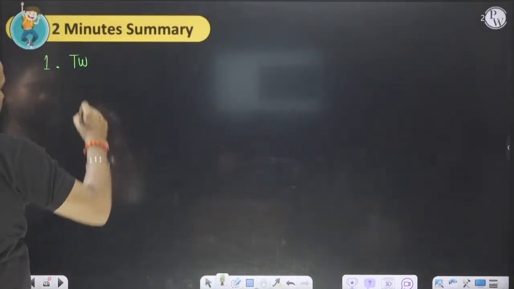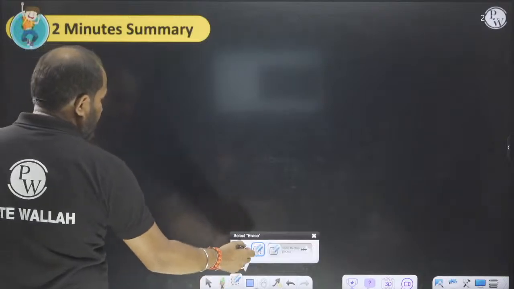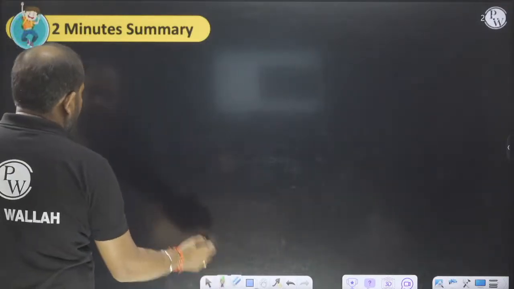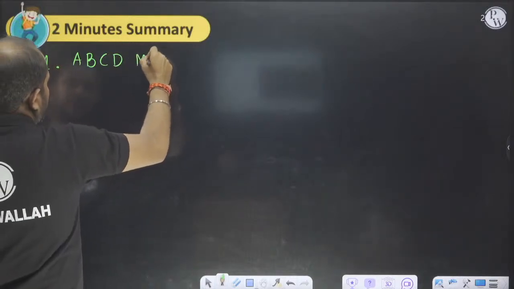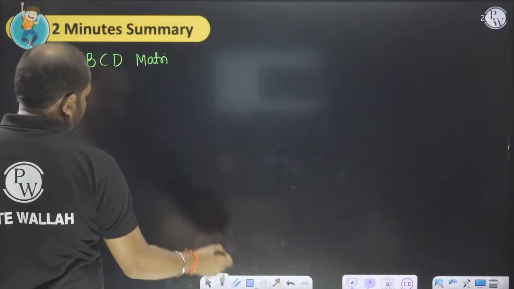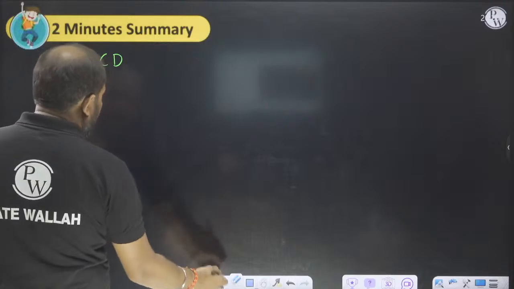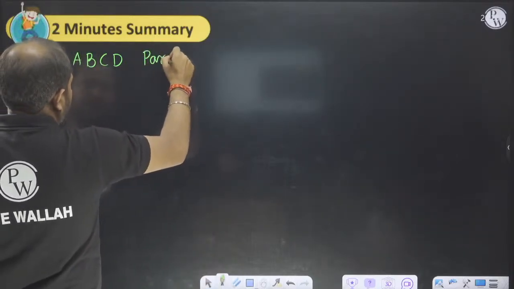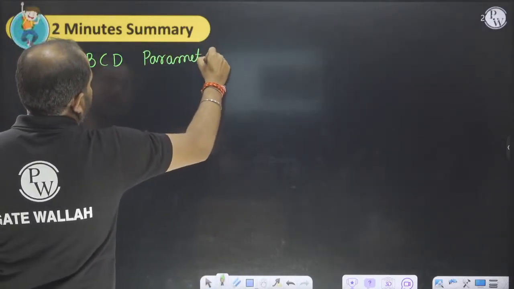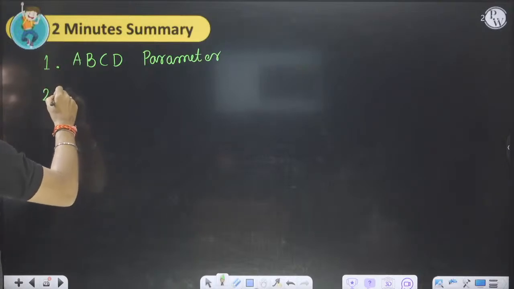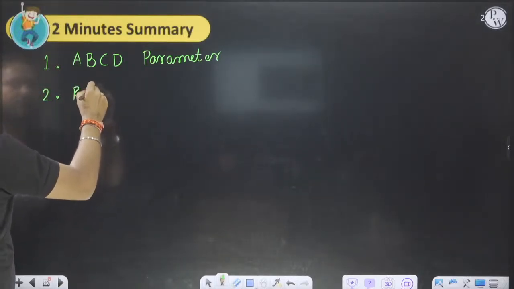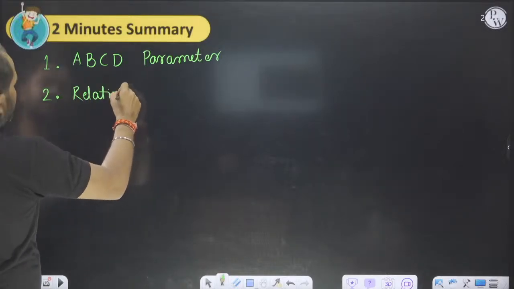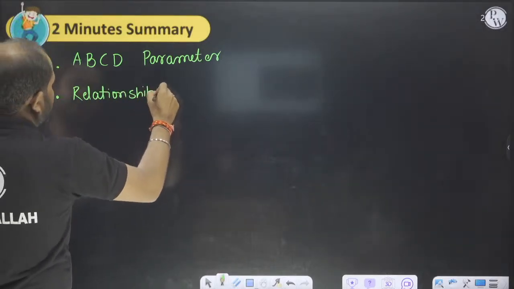First part is two-port network conversion. So what we have studied: the ABCD transmission line matrix, the ABCD parameters, and second, Z parameters, and the conversion of relationships between different parameters.